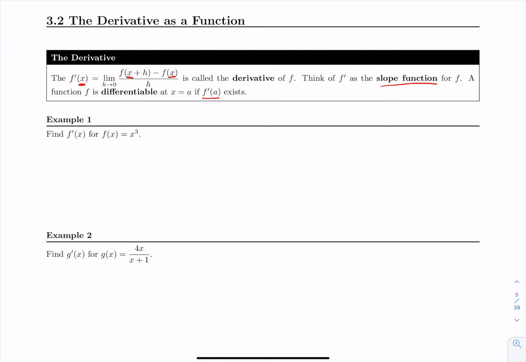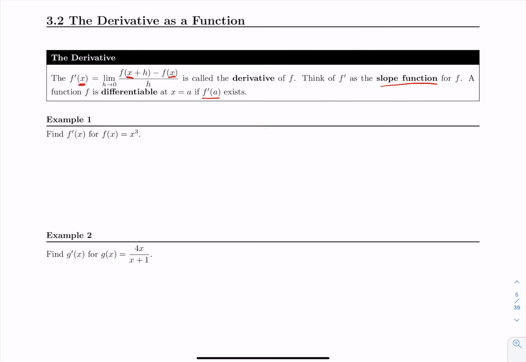But I think it's important to understand where this comes from, that this is a construct of limits, and anytime we build something new in calculus, we will revert back to limits. So let's just look at a few more examples involving limits and finding a derivative or a slope function for another function. So this first example, we're looking at f of x equals x cubed.